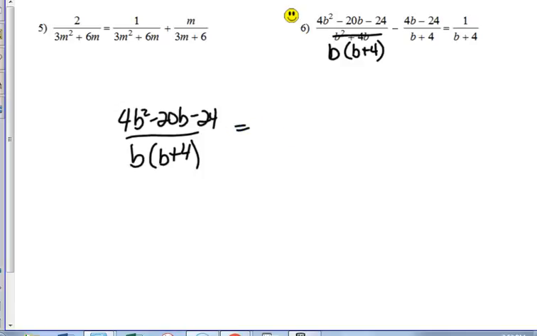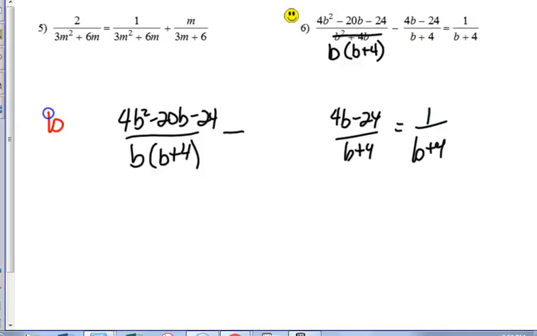Oh, this one has a minus, doesn't it? Minus again. I'm going to write this over here. Okay, now I'm multiplying each by a b and a b plus 4.